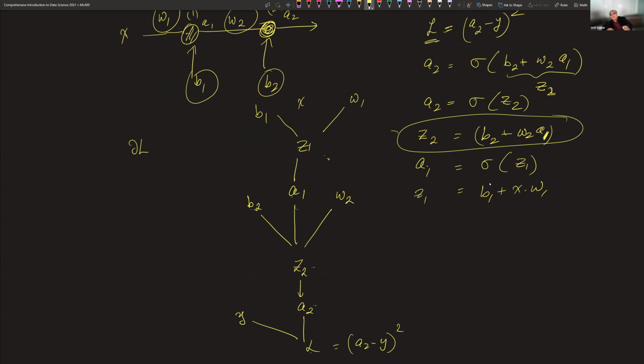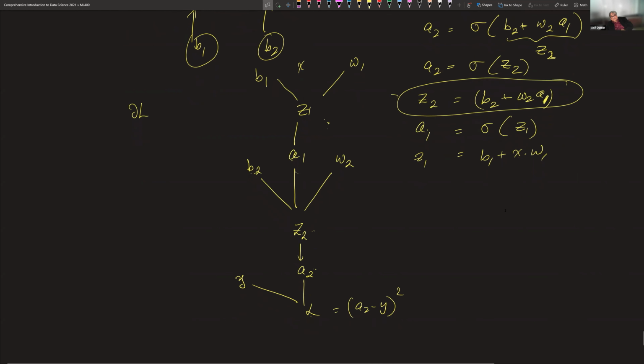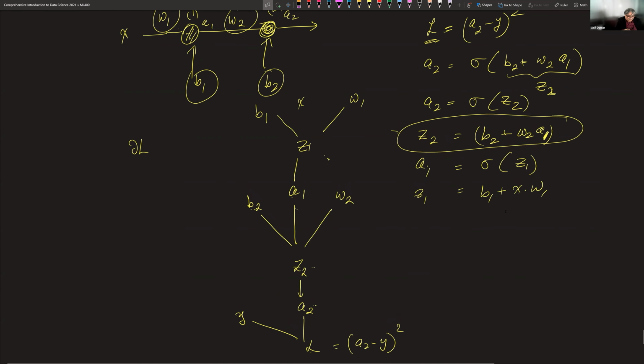And suppose there were many, many layers. The same picture, let me make it lots and lots of layers, right? So this would not be the X, it would instead be the layer even before that. So suppose I'm looking at this layer. Now make a small picture. ZL of layer L produces activation AL of the final layer, which along with Y produces the loss function, equal to (AL minus Y) squared.